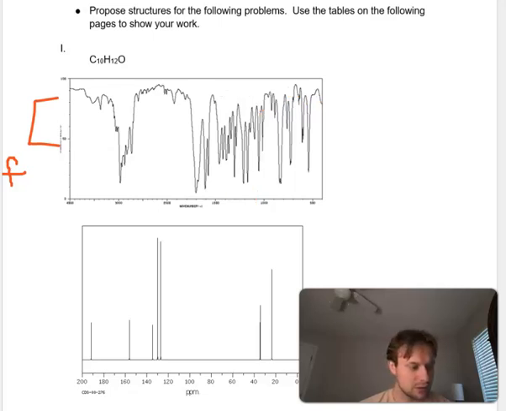And then going one more time down to the 1250 to 1050 range, we've got a lot of peaks. We definitely know that that's aromatic by how many peaks there are there. That's going to be our aromatic CH bonds.